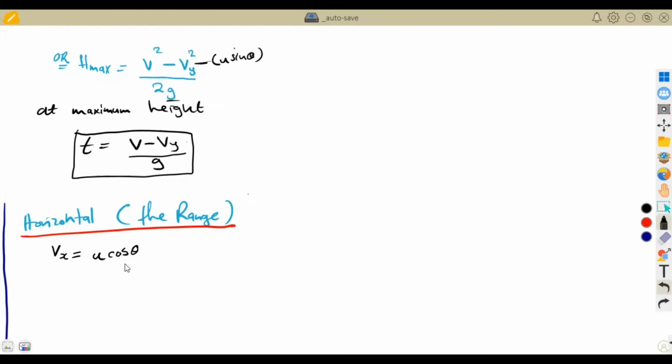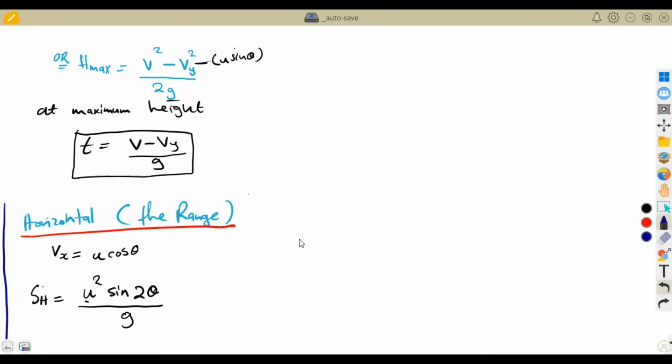And it also follows that the horizontal displacement, which is the range in this case, given as SH, is equal to u squared sine 2 theta over g. This formula is very easy to use because you are simply substituting u, our initial velocity, the way it was before.